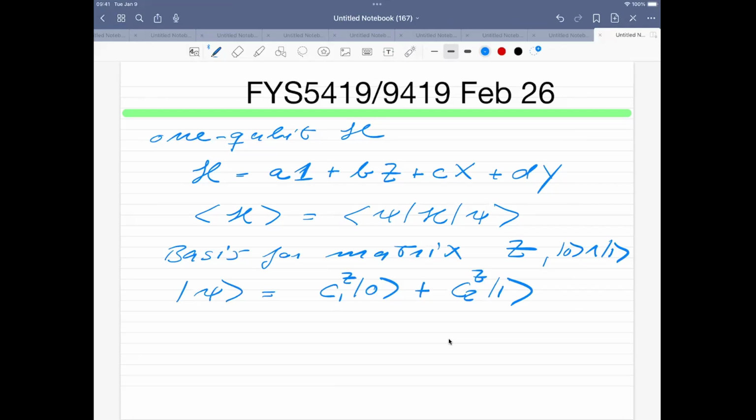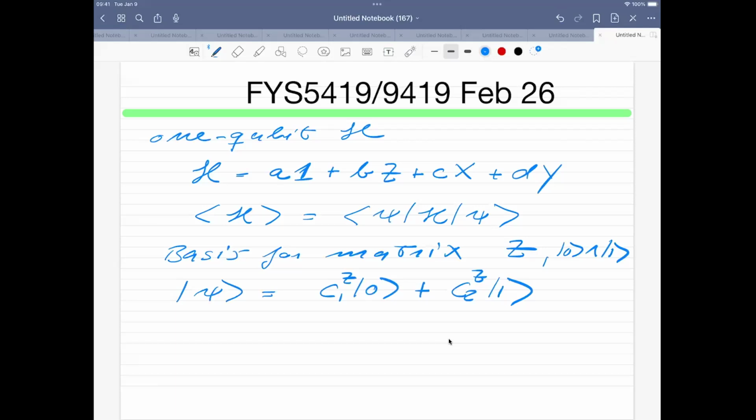So I choose that as a basis now, right? So when I take this matrix, this is a 2x2 matrix, I diagonalize it, and I know that I can write that eigenbasis in terms of 0 and 1 as a linear combination. So this would be after my diagonalization, right? So I can make measurements in that specific basis, but I could say that I want to expand it in another basis.